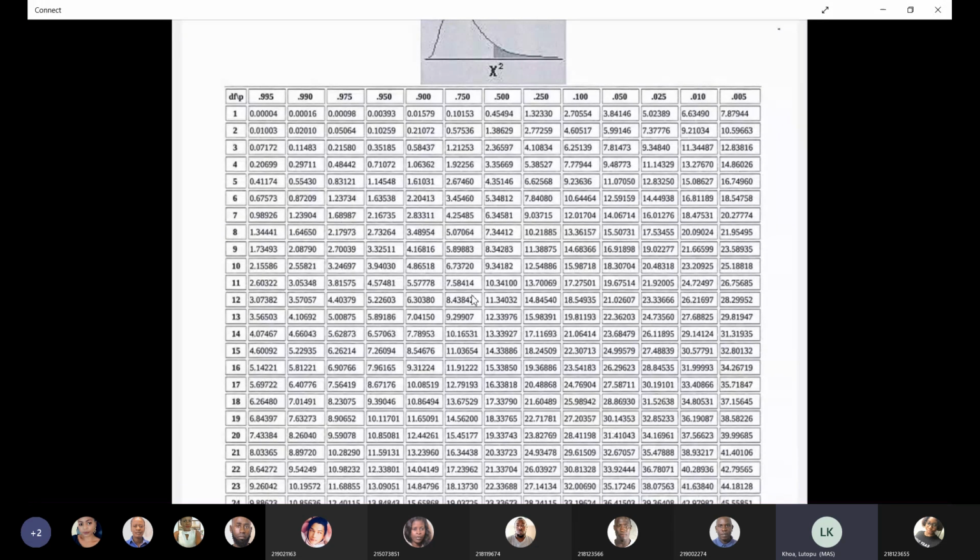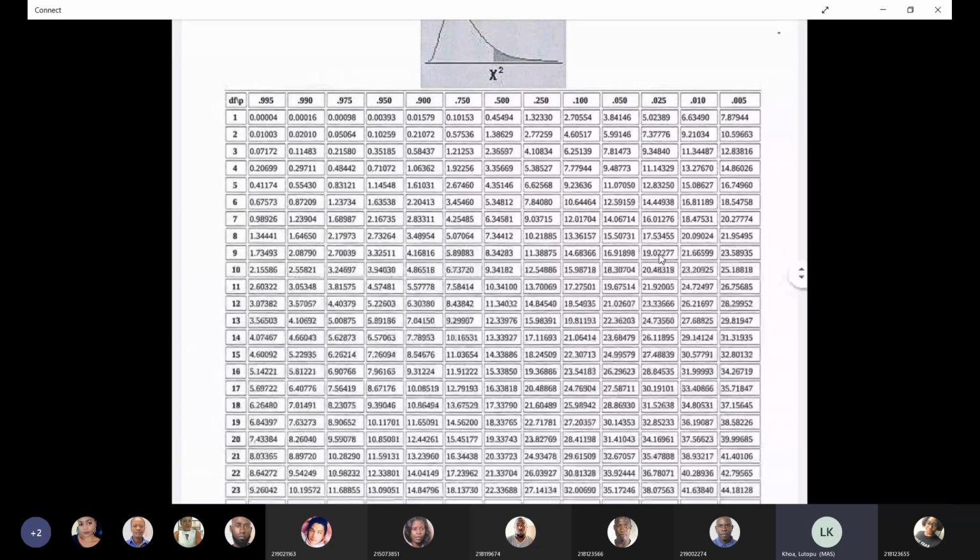So we look for 0.025. There it is. And the degrees of freedom are 9, so it's 1, 2, 3, 4, 5, 6, 7, 8, 9. So this is 19.0227.